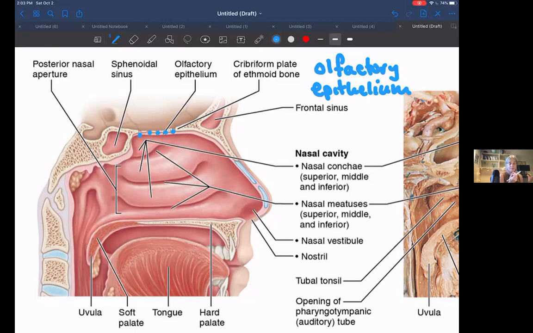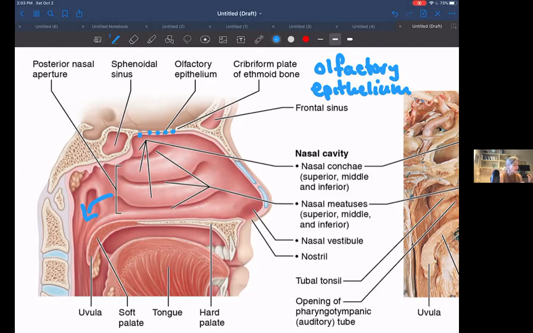Okay, so odorants in the air bind to those receptors, and that is what gives us the sensation of smell. Now you'll notice that this then empties into the nasopharynx, right? The nasopharynx is right there. And so sometimes when we drink stuff and we cough or we laugh, stuff comes out the nose, right? Or unfortunately, if we vomit, sometimes stuff goes out your nose.